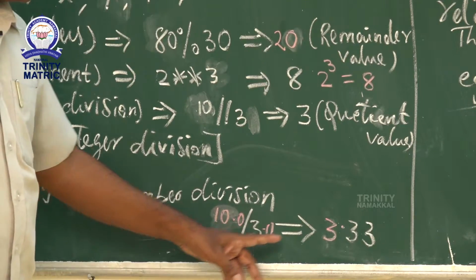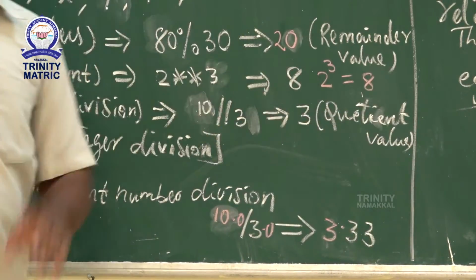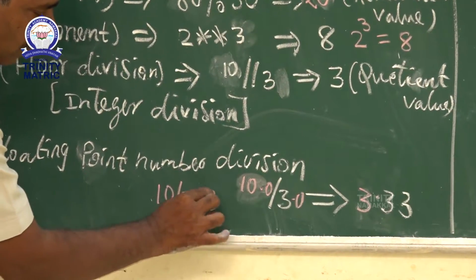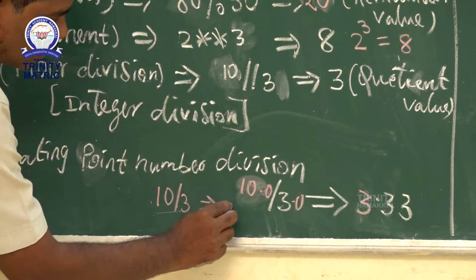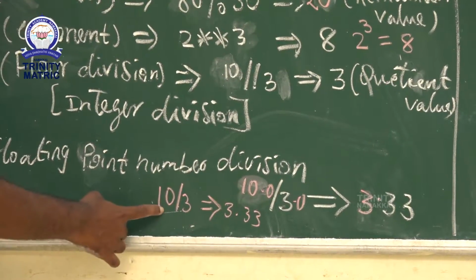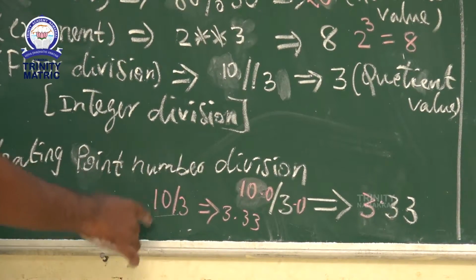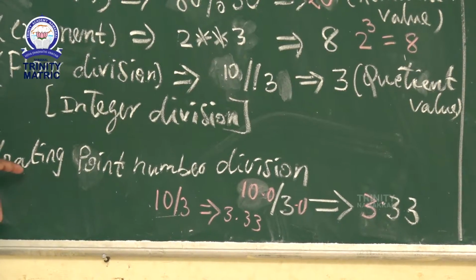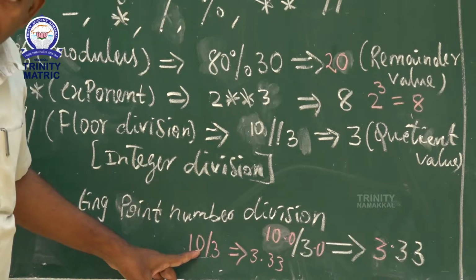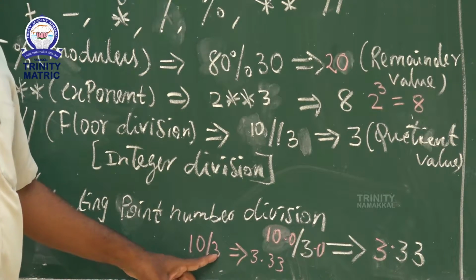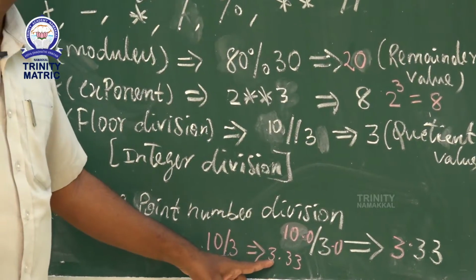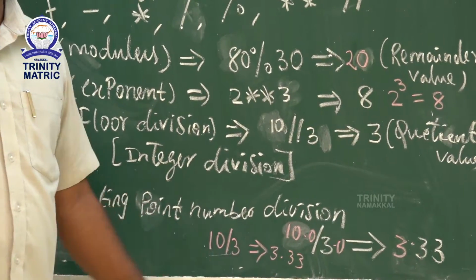So 10 by 3 is equal to 3.3333. Even when you type 10 by 3 with integers, you also get the result 3.33. It is an integer, but the slash symbol considers this 10 as 10.0 and 3 as 3.0. So the result of this expression is 3.33. Understand?